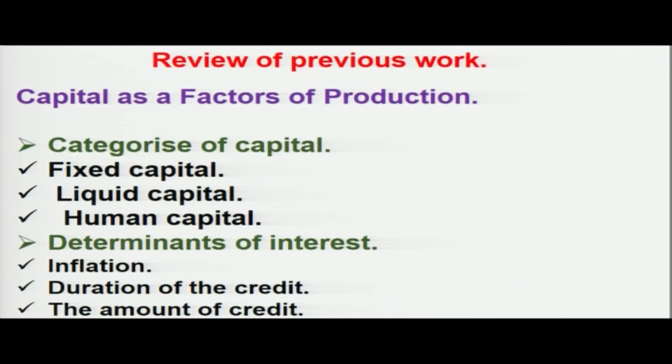We looked at fixed capital, the categories, liquid capital, human capital. Then we gave the determinants, some of them briefly: inflation, duration of credit, the amount of credit. So that is just a summary.